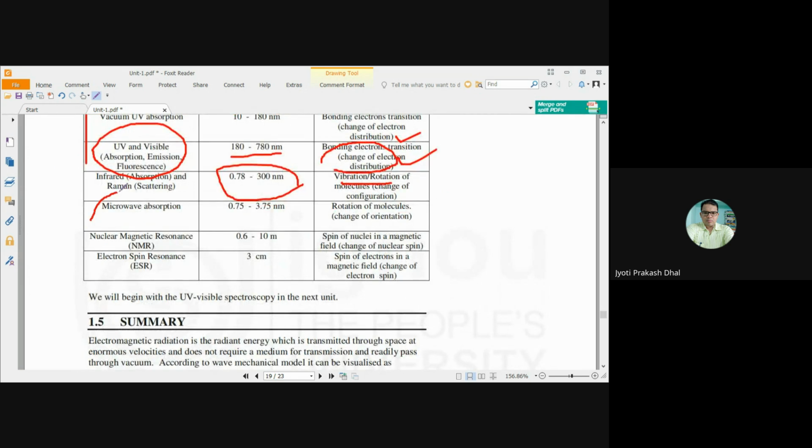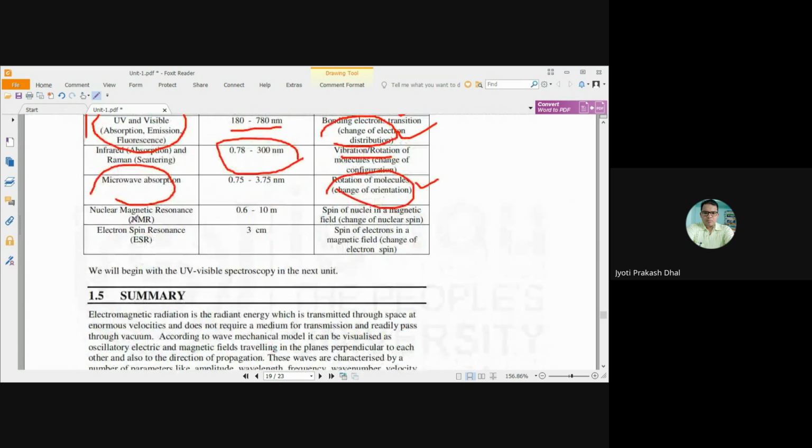And after that, microwave absorption spectra. Here the wavelength range is 0.75 to 3.75, and that is due to rotation of molecules, that means change of orientation of the molecule. Generally gaseous molecules are considered here.